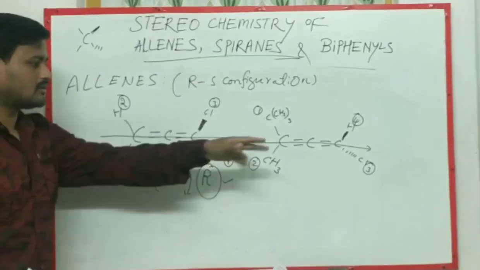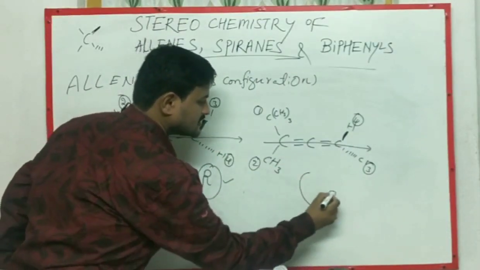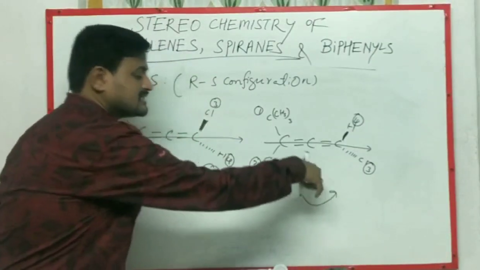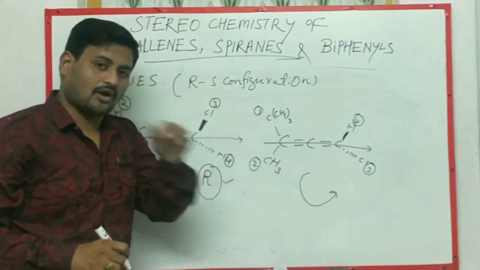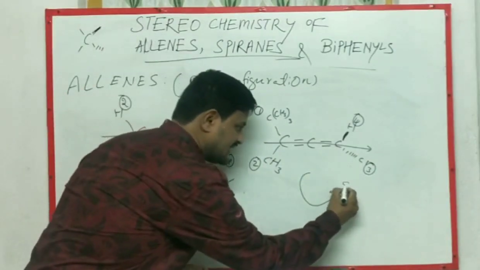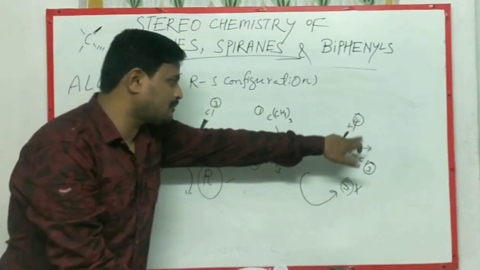1, 2, 3, in this direction. And it is anti-clockwise. Actually anti-clockwise is S, but it is not S. Why? Because here the fourth priority is above the plane.